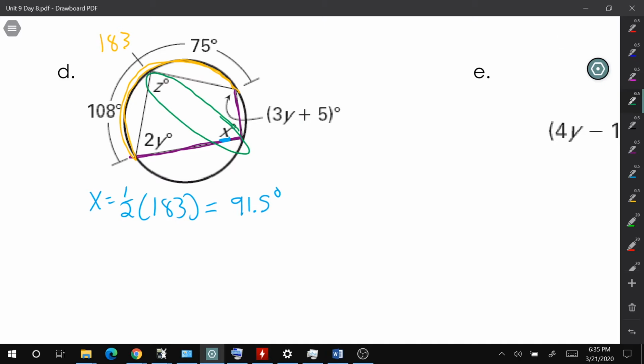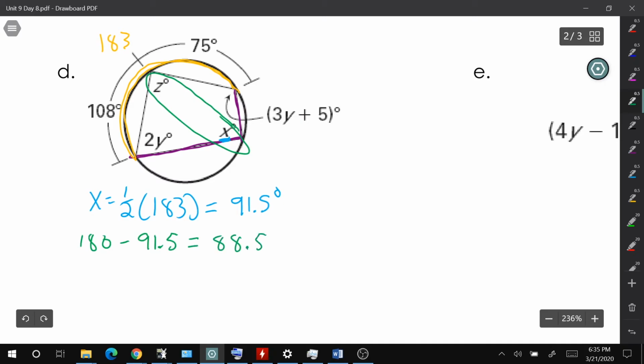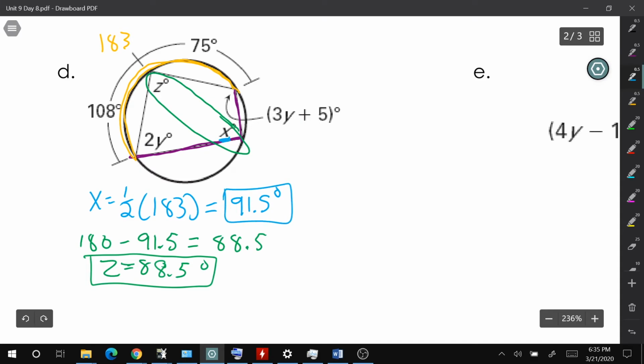So to find out what Z is, we can do 180 minus 91.5, and that equals 88.5. So Z equals 88.5 degrees, and X was 91.5 degrees.